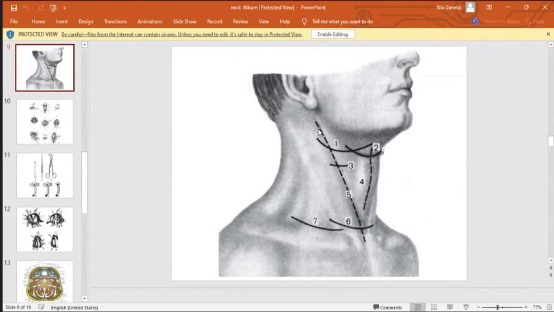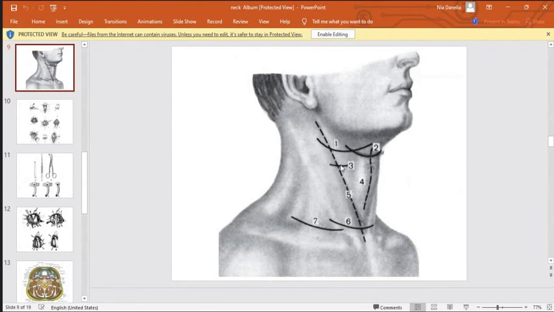And the longitudinal incision anterior to the anterior border of the sternocleidomastoid muscle is used for accessing the carotid vessels in the carotid triangle.